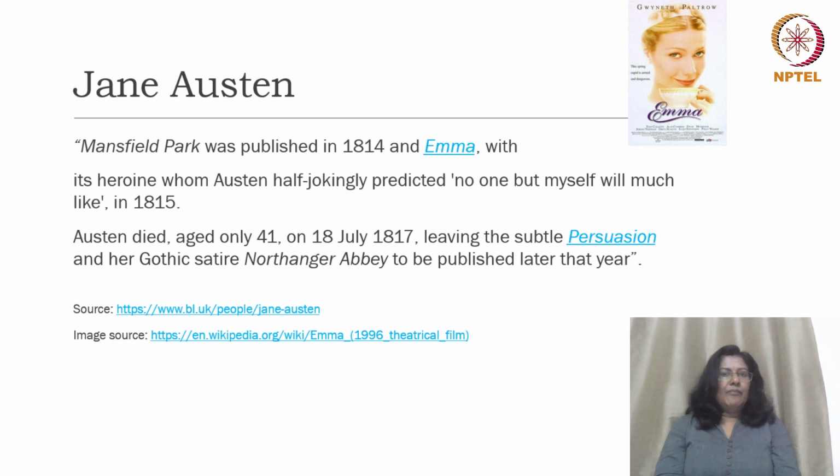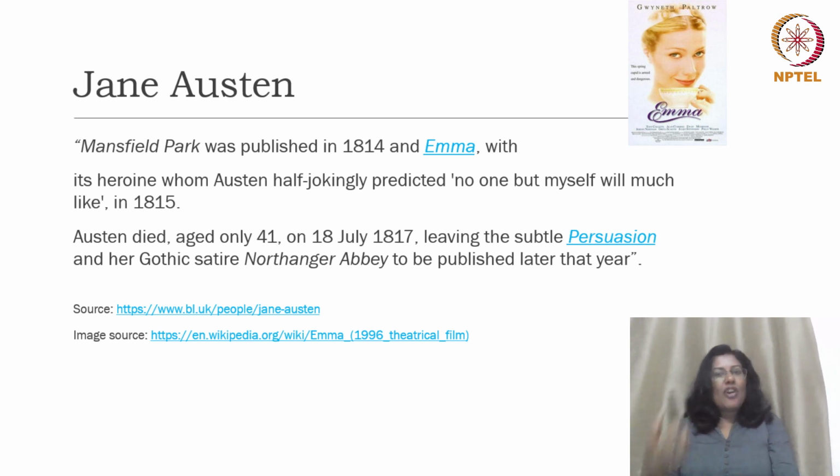Mansfield Park, a novel by Austen, was published in 1814, and Emma was published in 1815. Emma is very interesting because it is supposed to be a favorite with the author herself, and Austen half jokingly predicted that no one but myself will much like the central character Emma.